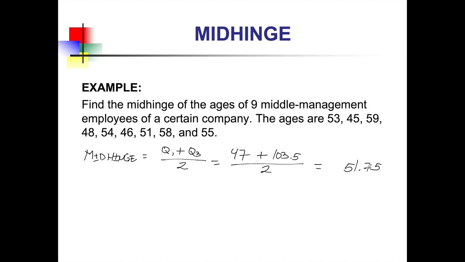Kasi average lang po sila. Ang sagot, no. Halos magkalapit sila, pero if you're asking about the exact value, hindi po. Pero may chance na pareho sila, pero not always.